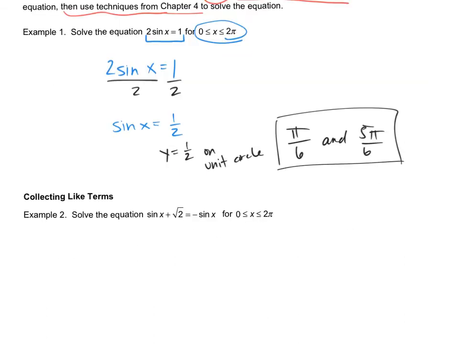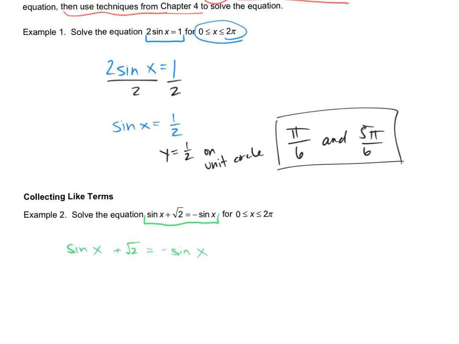In our next example, we're going to look at another strategy for isolating the variable. In this case, I have sine of x twice in my equation, so I'm going to want to collect like terms. If you thought of this as just being an x instead of a sine of x, that may help. So this is sine of x plus the square root of 2 equals negative sine of x.